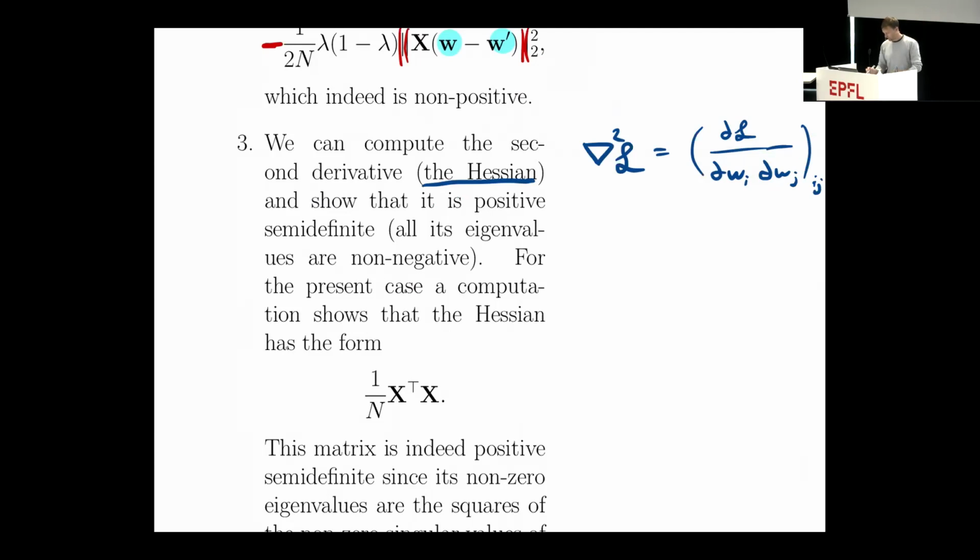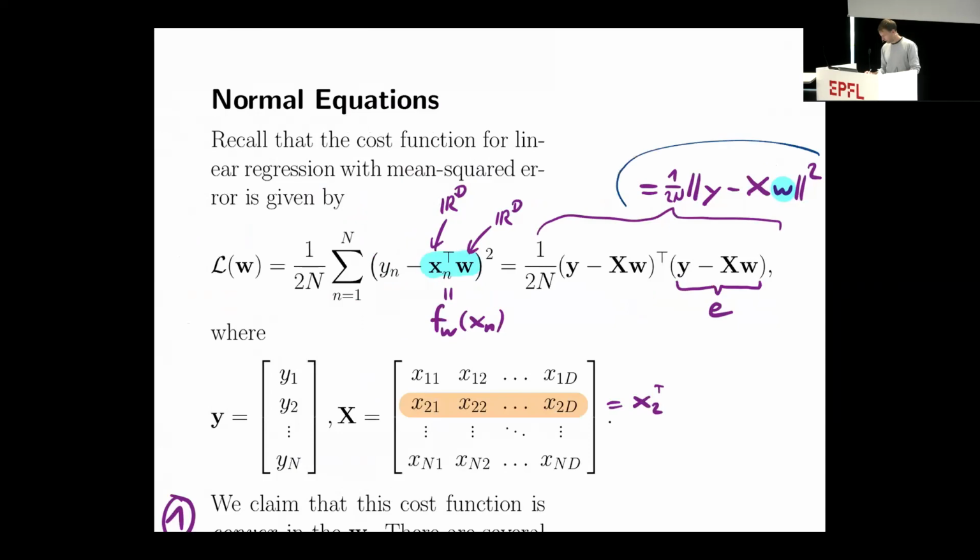And okay, what we can really do here is for mean squared error, it's super easy to compute it, right? Because we did this already, so if you go back, this is our L. So what is its gradient?